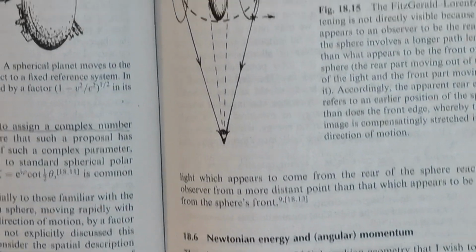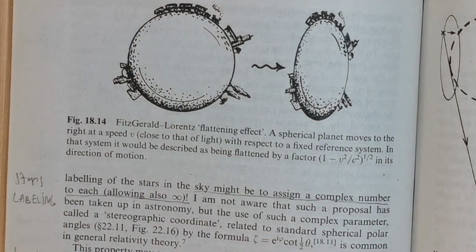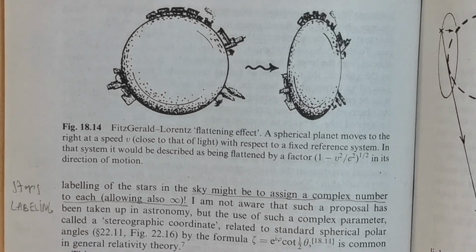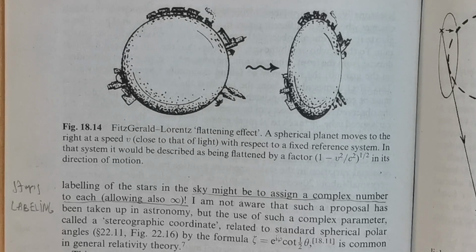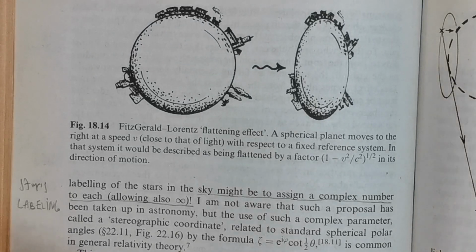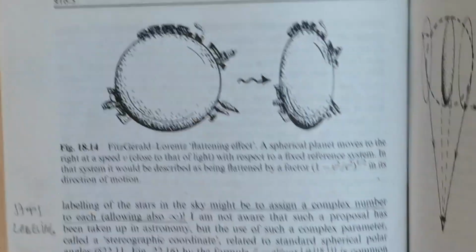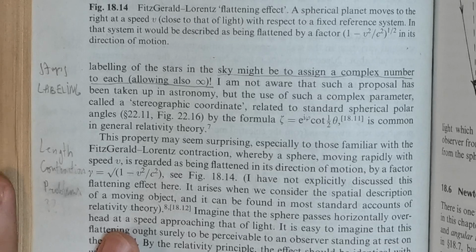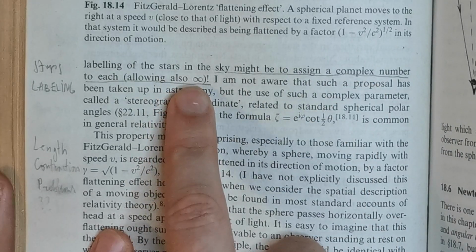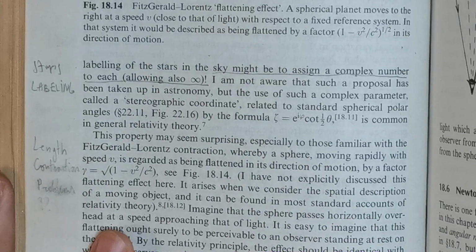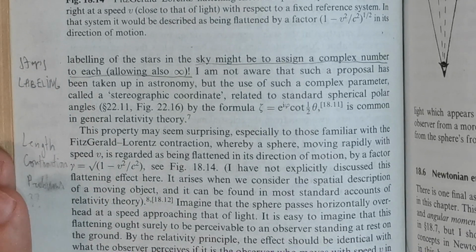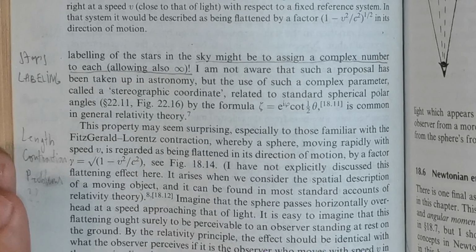And this suggests that there exists a really convenient star labeling. He gives no proofs here, he just states that there is a conformal structure on the celestial sphere, and the celestial sphere could be interpreted as a Riemannian sphere, and therefore every star could have a label which is represented by a complex number, also allowing infinity. Basically, every star could be placed on the complex plane and then mapped onto the Riemannian sphere by the same procedure we have seen in chapter 8.